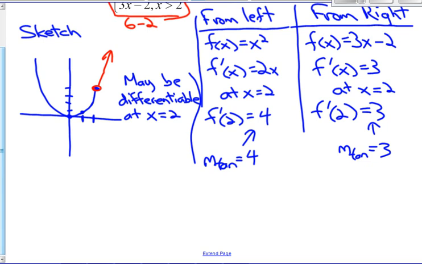If they had turned out to both be 4 or both be 3, then it would be differentiable, and it would look smooth right at x equals 2. Here, we've got a little bit of a corner.